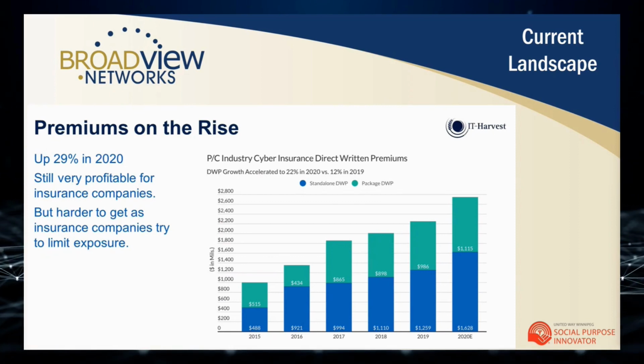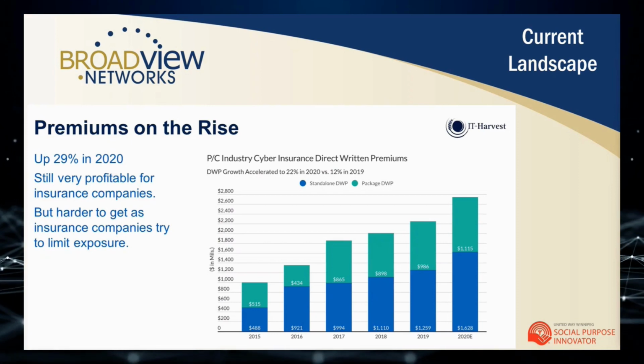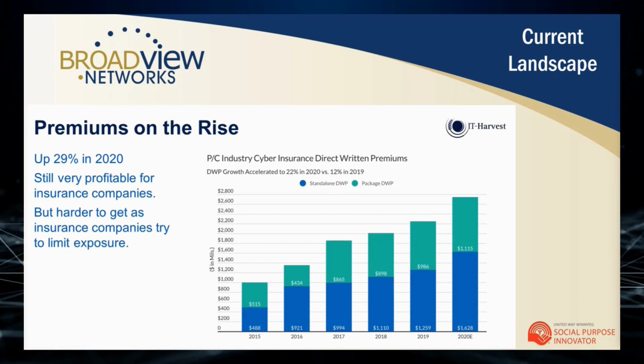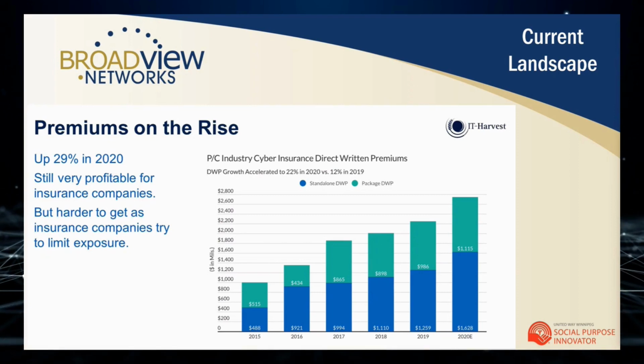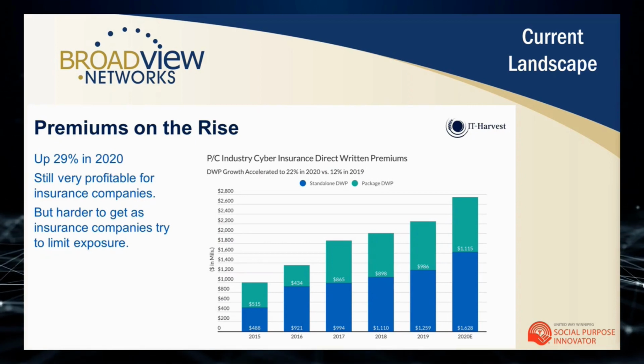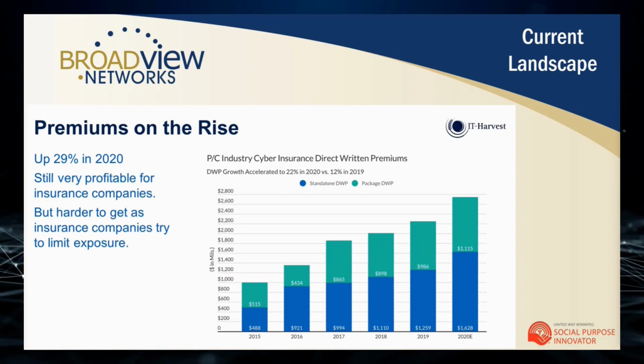It will happen to you. It's guaranteed you will have some level of a cybersecurity event. How much you mitigate that and how much impact it has on your organization depends on what you put in place, and how you pay for that mitigation and for dealing with the event when it takes place depends on your cybersecurity insurance.